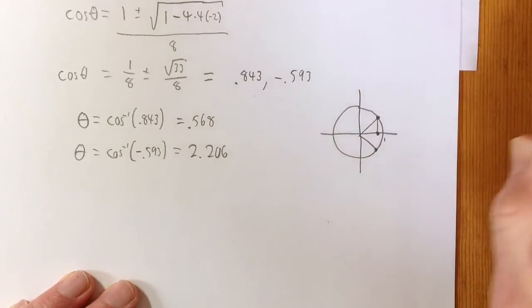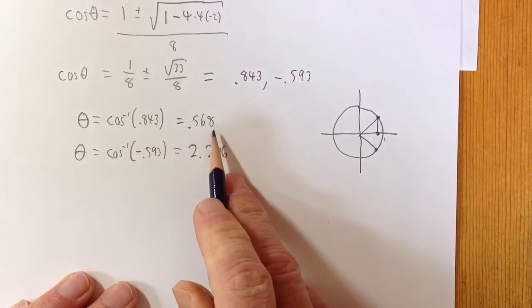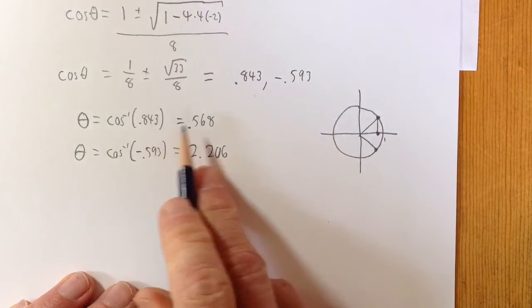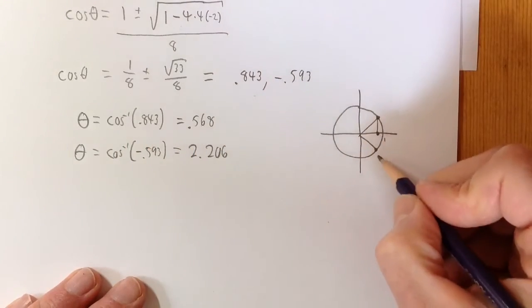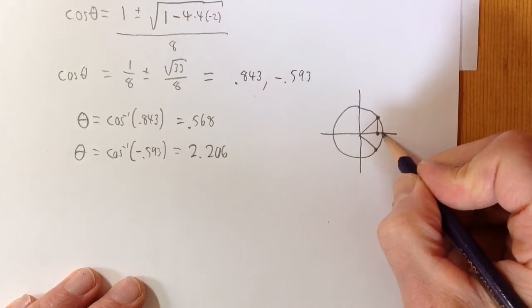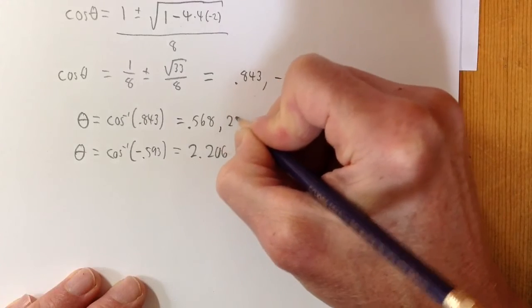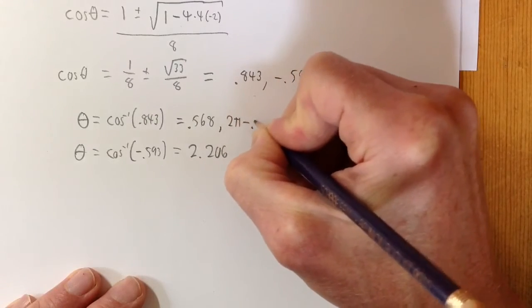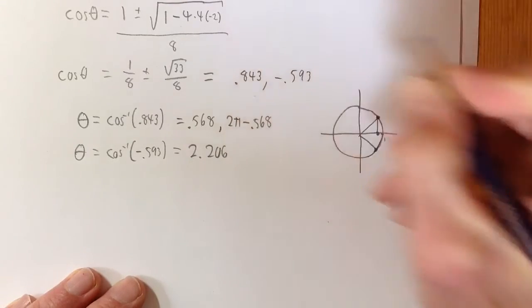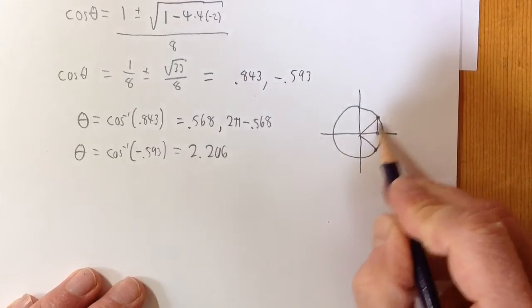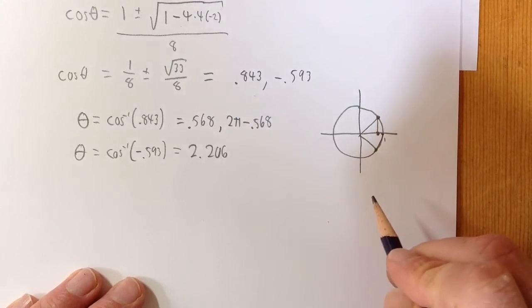Using our calculators we only get one. So at 0.843, there's 0.568, but there's also this one, which again, like before, is 2 pi minus 0.568. So the other solution is 2 pi minus 0.568. Remember, 0.568 is in radians, so that's a decent angle there.